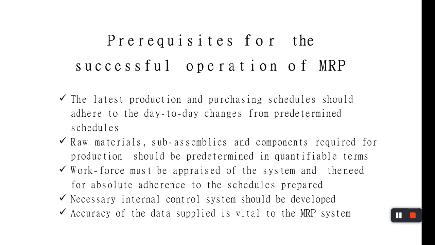Why? Because, for example, if we have no access control over the physical inventory, there is a chance that some of our employees or factory workers will steal the inventory inside the warehouse. So it might show in the MRP system that there are 100 units, but in reality, because of ongoing theft inside the warehouse, the actual inventory on hand is only 30, while the MRP system shows 100 because we have no internal control system in place.